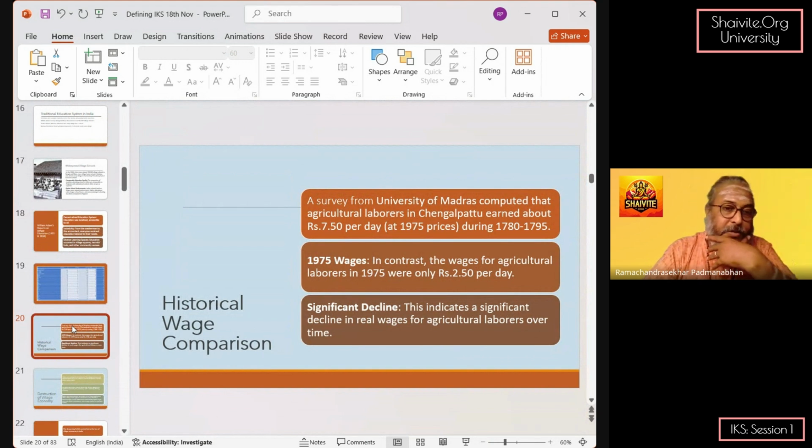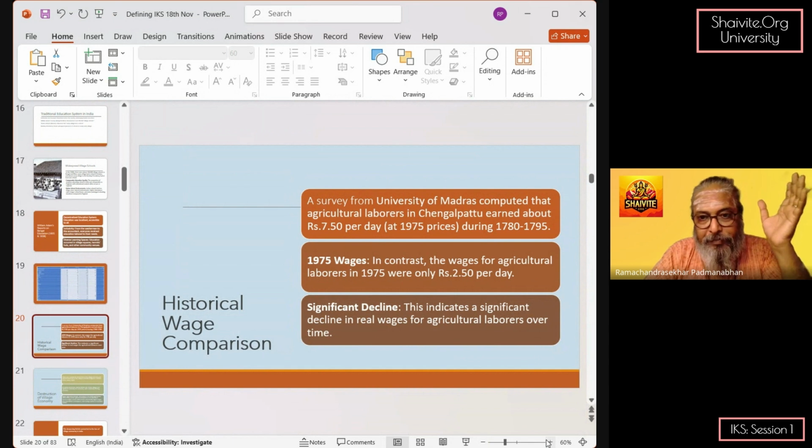Okay, the second comes the prosperity. This again is a data. Madras University conducted a survey in Chengalpattu, which is a district next to its capital, Chennai. It showed that in 1780s, an average per day labor of a farmer or an agriculturalist was 7 rupees 50 paise.